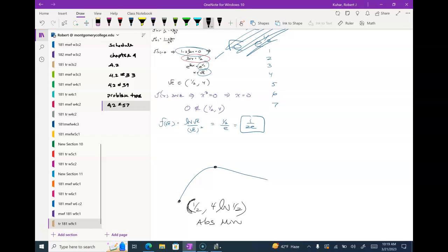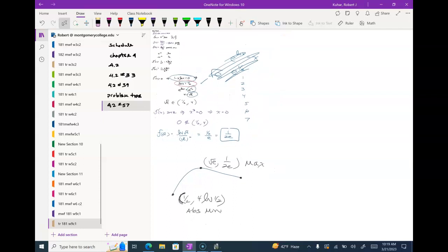And here we got square root of e, 1 over 2 square roots of e for our max value. The book will sometimes give you a point and sometimes just the y value, but be sophisticated enough to give them both. I know that the highest point on this curve is 1 over 2e. I know the lowest point on this curve is 4 ln of 1/2.